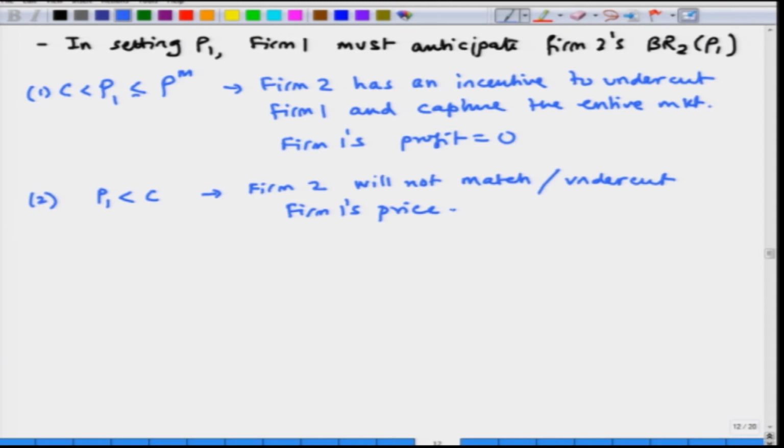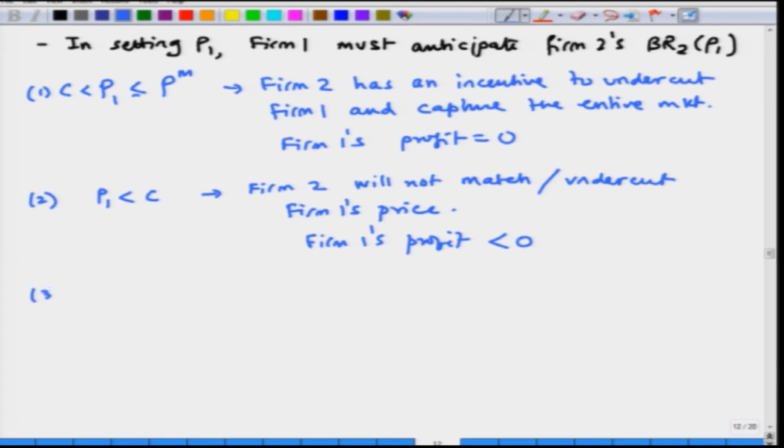In fact, its best response would be to strictly charge a price which is larger than the price that firm 1 charges and not make any sales. But in that case, firm 1's profit is going to be negative.